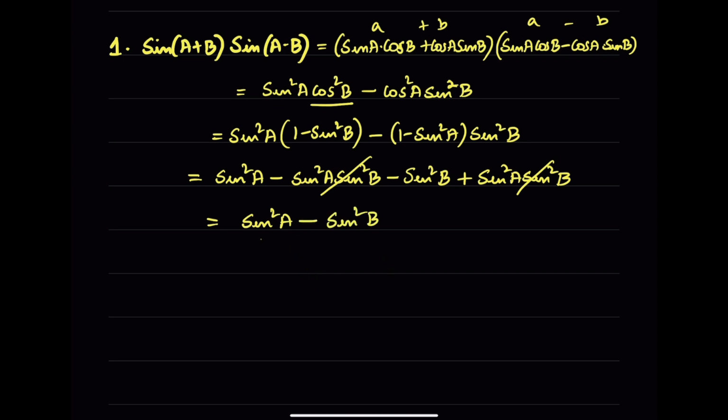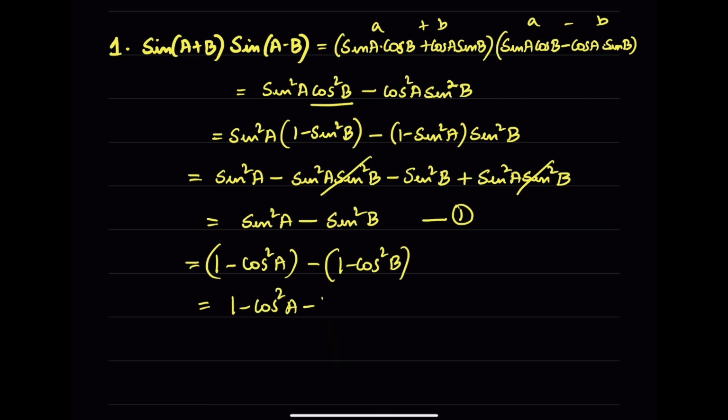So that is the first part of the proof we did. Now if we convert sin to cos, which is sin² a to 1 − cos² a, let's apply the trigonometric identity again, and sin² b is 1 − cos² b, we would get 1 − cos² a − 1 + cos² b.